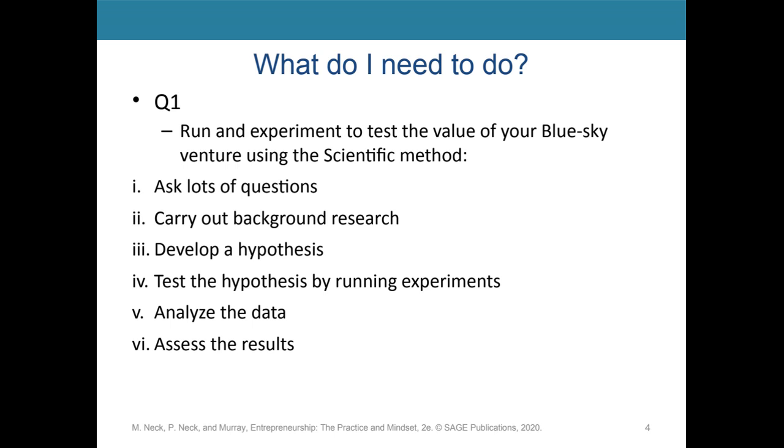Then you carry out your background research. You can think of this as a lit review. So you'd have to be able to give me a couple of bits of literature there to say, what does the current body of knowledge tell us about your specific subject or your topic?